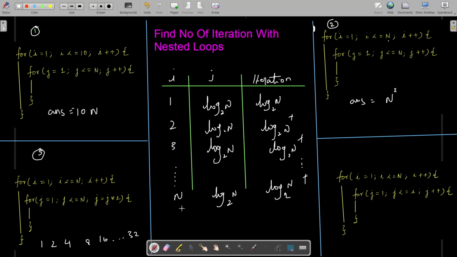So we can simply say the answer is n into log n.